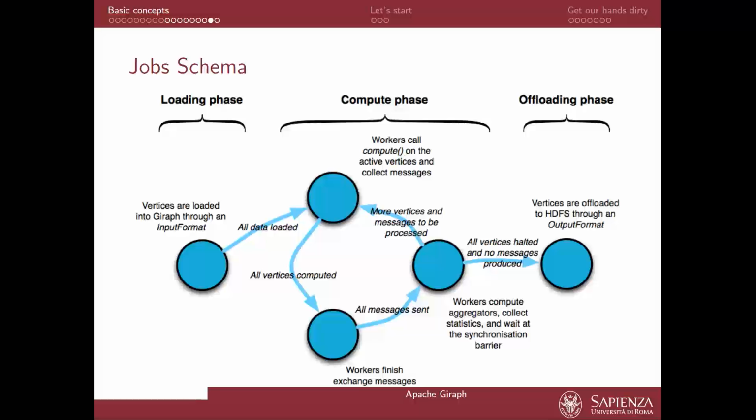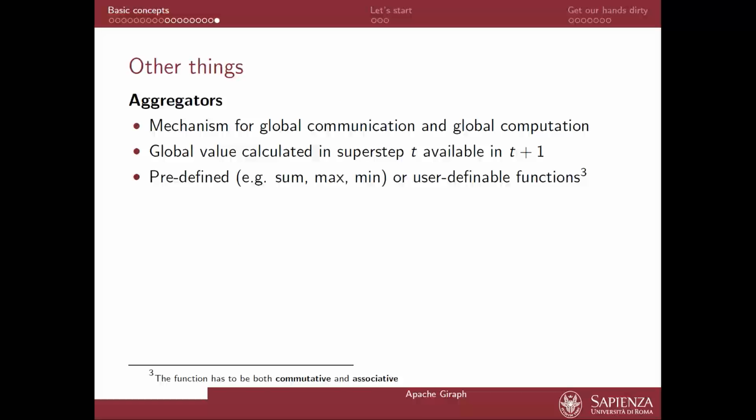Some other hints that can be useful and very powerful in Giraph are, for example, the aggregators. Aggregators are commonly used by the master worker, but can also be used by single workers, and they keep global values. As I said, no worker is aware of the whole graph, so keeping a global value is impossible for a single worker.